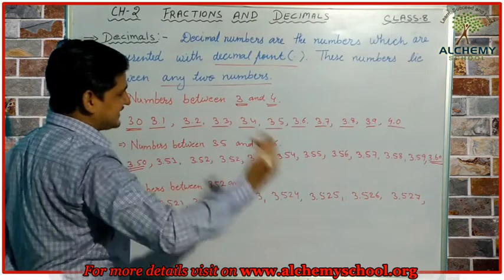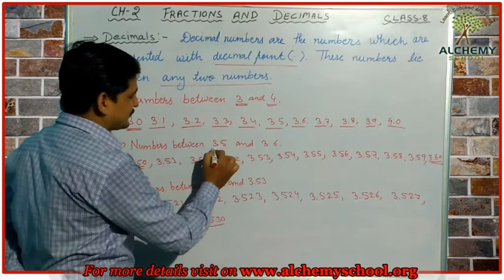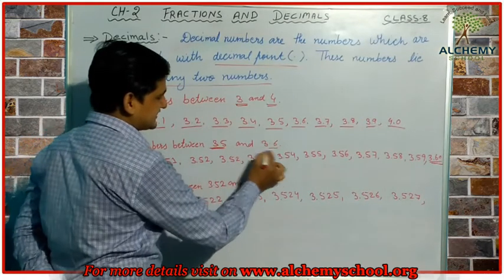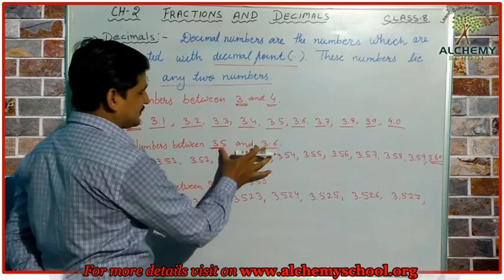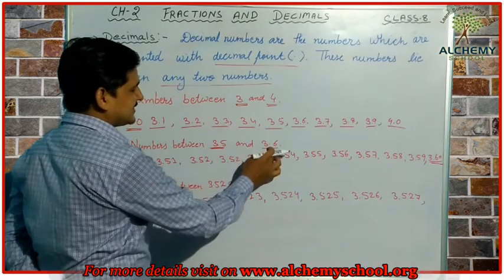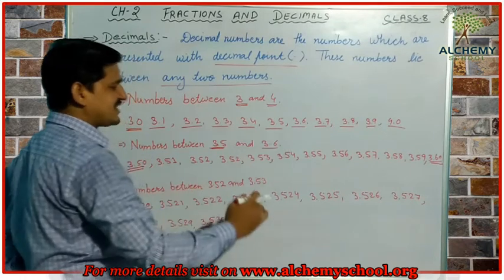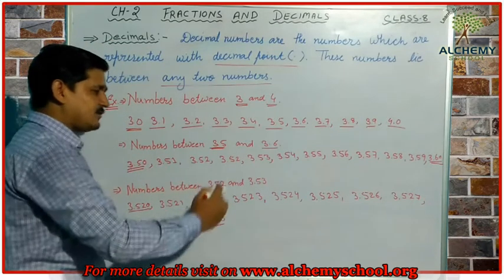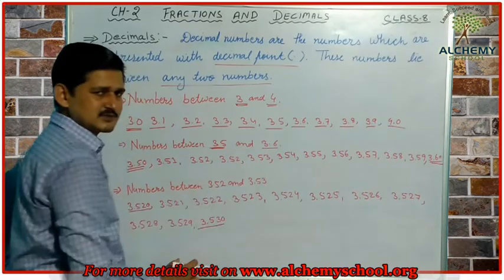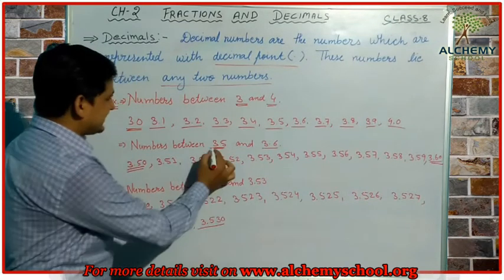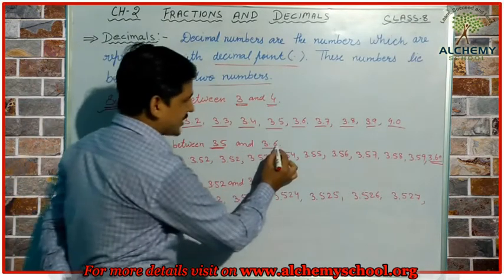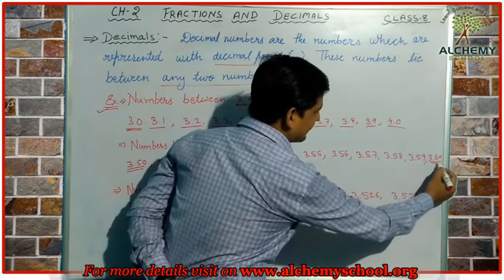When we take another example, suppose we have two decimal numbers, 3.5 and 3.6. We have to find the numbers which are available between 3.5 and 3.6. Again we have countless numbers between these two given numbers. 3.5 can be written as 3.50 and 3.6 can be written as 3.60.